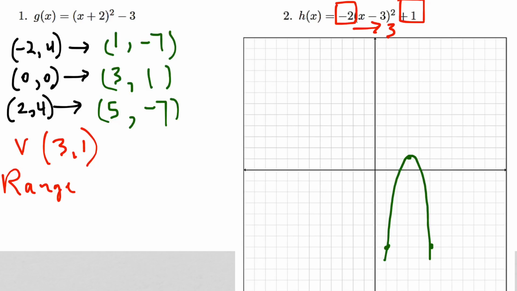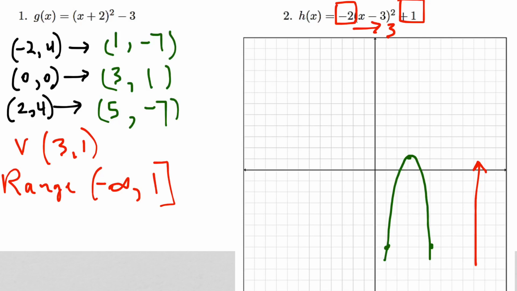Okay, so I've got a square bracket for my highest value. My highest value is 1, and then this time it's beneath 1. So, wait, I'm going in the wrong order here. I have to go from lowest to highest. So lowest to highest, this way, is negative infinity, round bracket, all the way up to 1, square bracket.